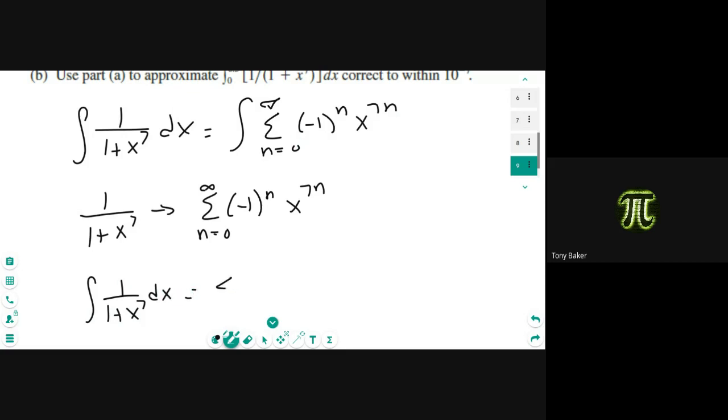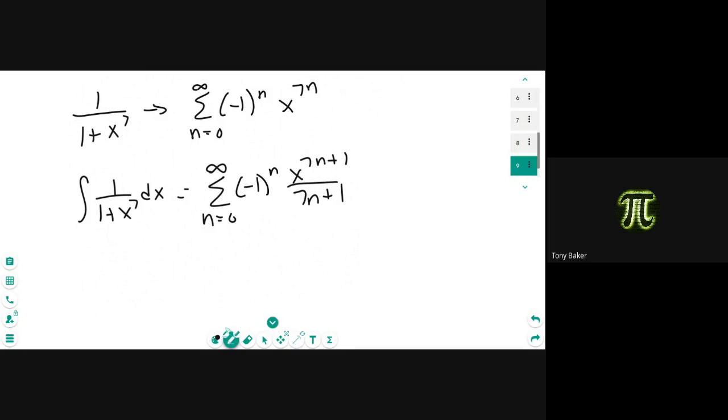What is the integral of that summation? It's the summation of negative 1 to the n times the integral of x to the 7n. Yep. So that's the integral.